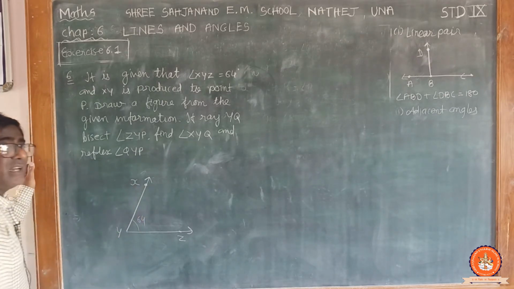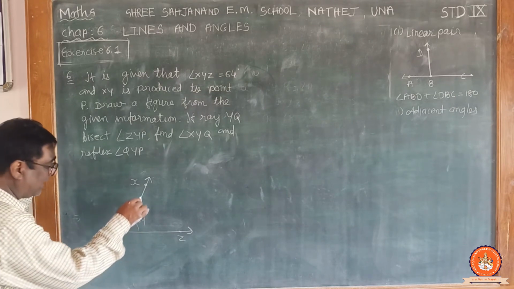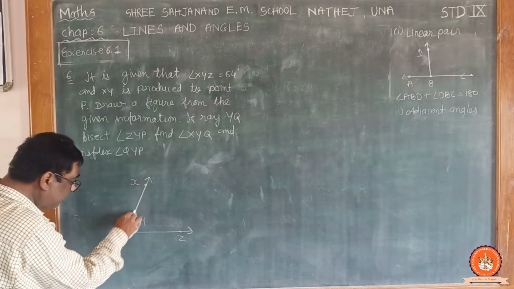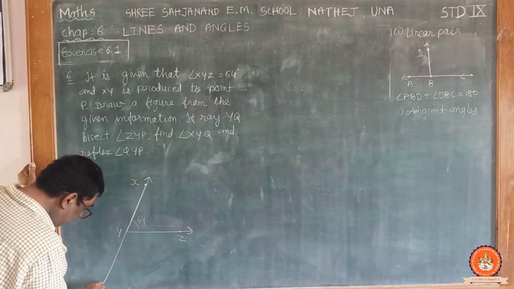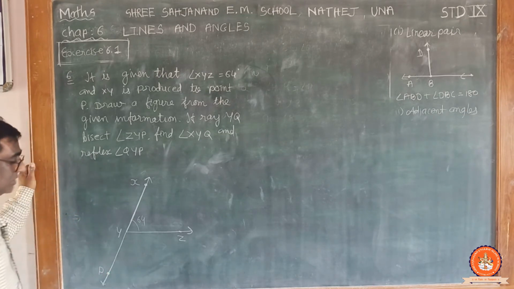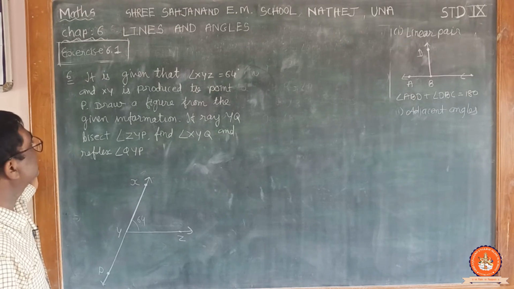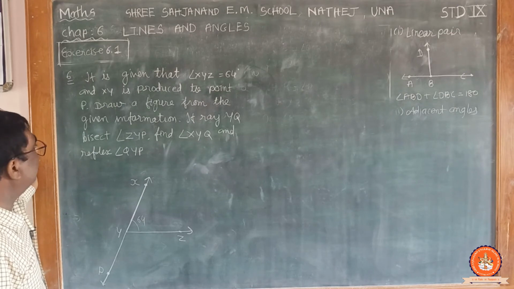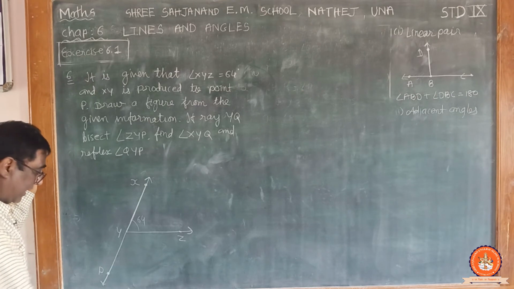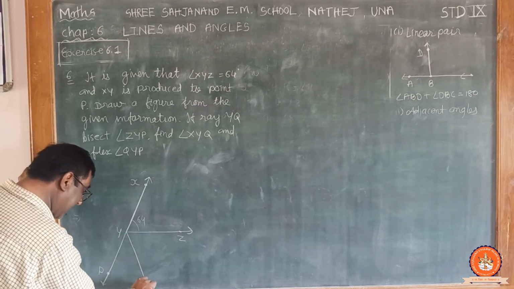Now XY is produced to point P. If it is written that XY is produced, then you have to start from X towards Y. XY is here, it is ray XY, and produced, so move forward. XY is produced to point P. And if ray YQ bisects ZYP, look at it, it's the ZYP angle. Now ray YQ bisects this angle.